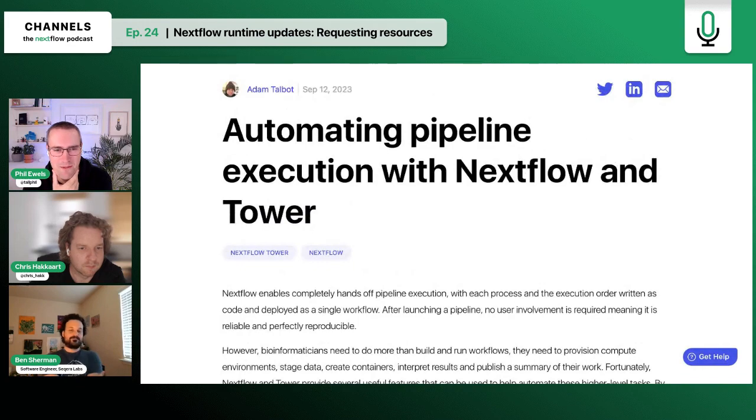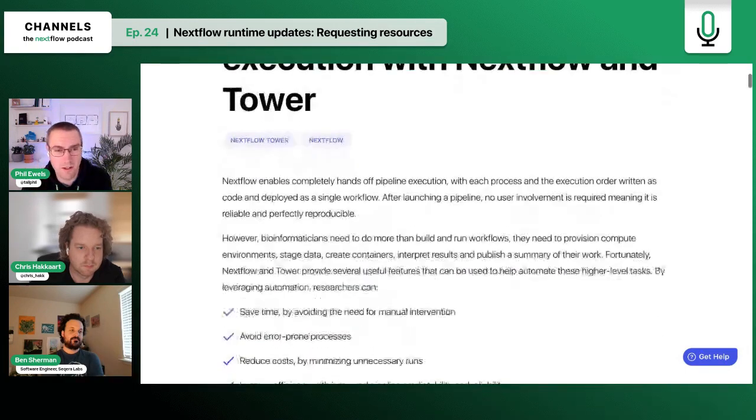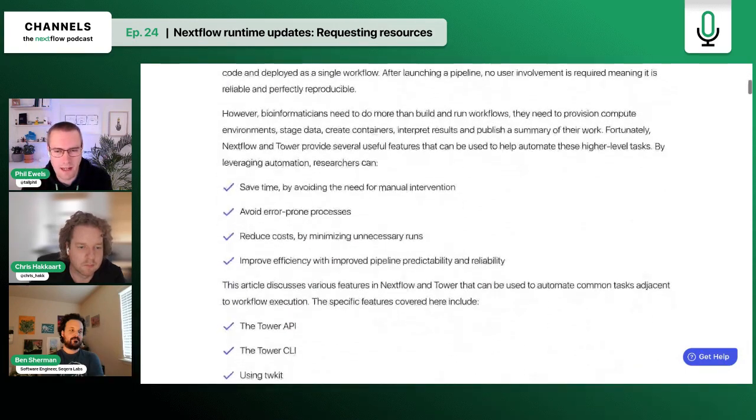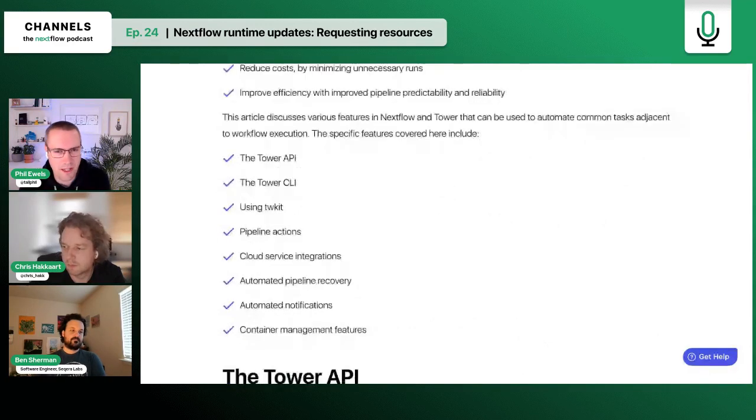This is a nice article as well, because it comes back and touches on some topics we've had in earlier episodes of the podcast. We had an episode just at the end of the summer where we had Evan and Harshal on, and we were talking about some of this automation stuff. We talked about the CLI and TW kit, which has been renamed.